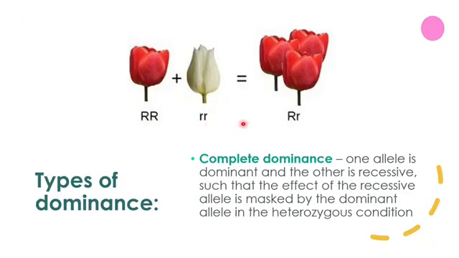So if we look at the offspring, we see that even though all the offspring are red, their alleles aren't the same. They are heterozygous. And that's what is meant by complete dominance. We can't see that recessive allele. So all the flowers look red, even though they do have that white allele in their genotype. So that's the first definition that we've got.